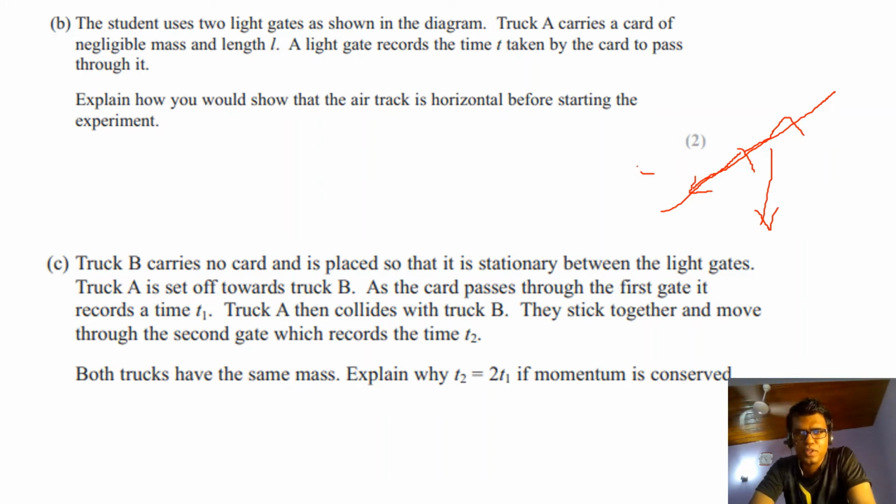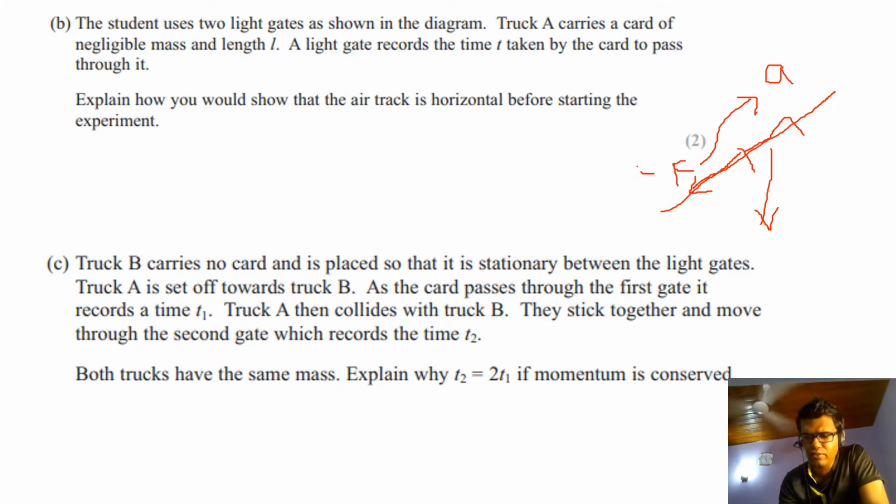We can't afford to have that, as there shouldn't be any other forces acting here. If there is a force, the glider will accelerate, but the glider has to have a constant velocity. Otherwise, this experiment will not be accurate. So we need to ensure that the air track is horizontal.